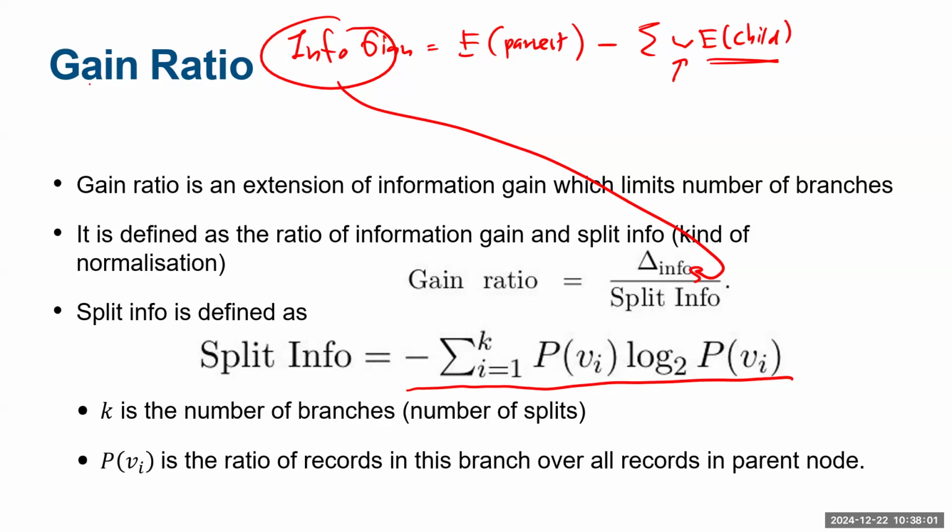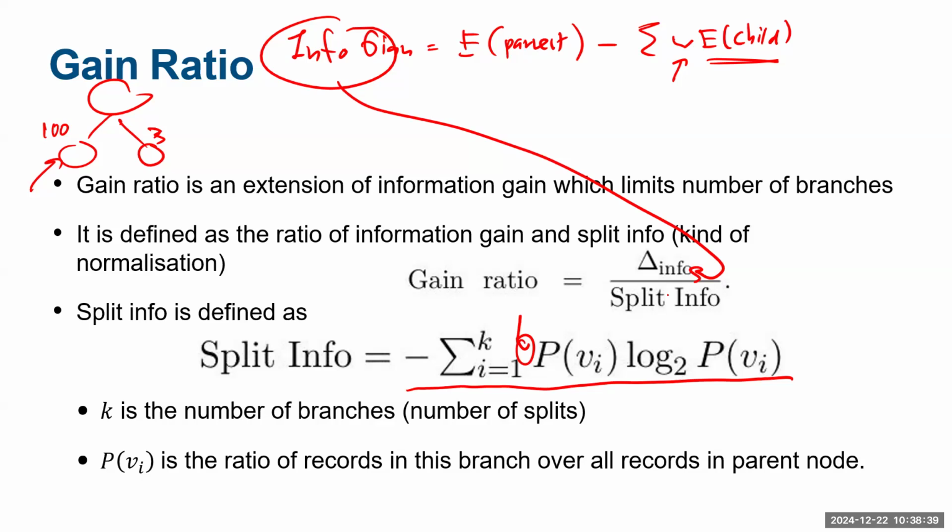For example, if I split into one with 100 data and one with 3 data, the entropy of the 100 is going to dominate this term. But for the split info, you still have the entropy, but you don't put the weight in front anymore. So every child node is treated equally, and then you sum the split, and then you divide the information gain by it.